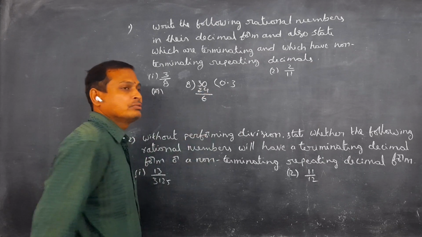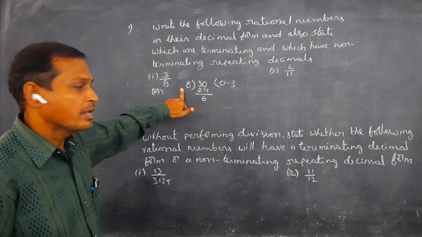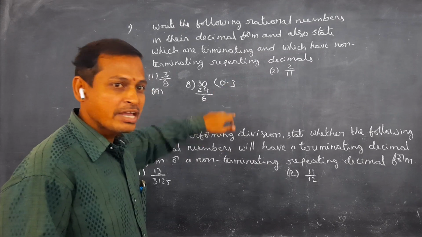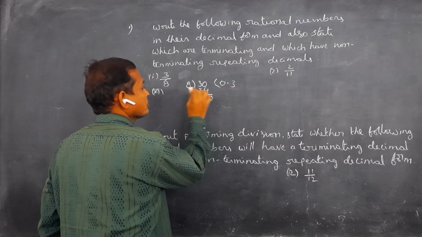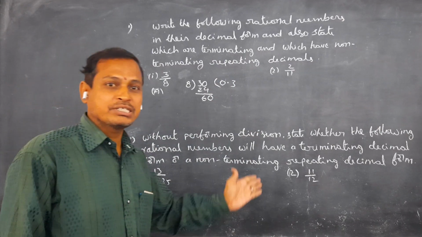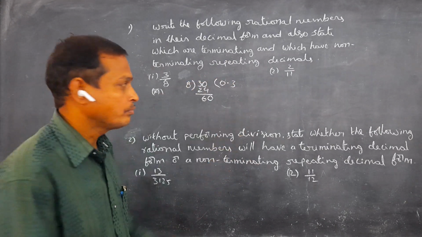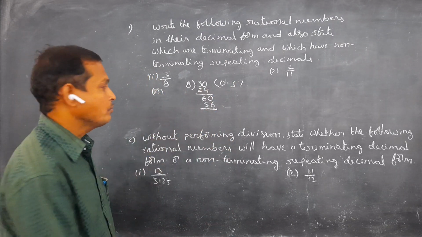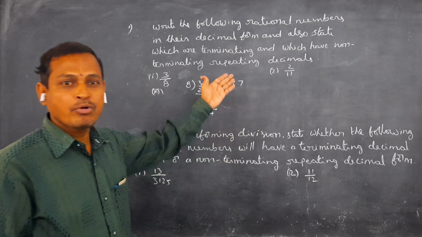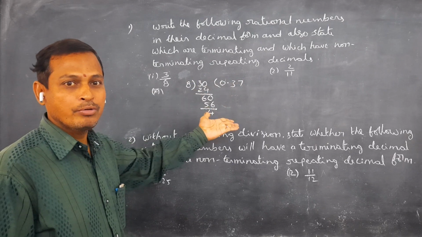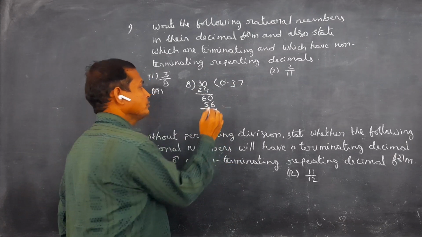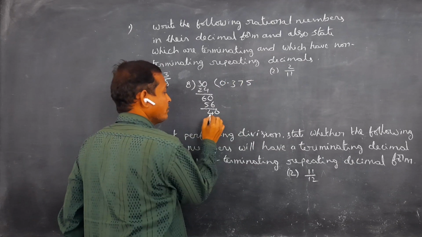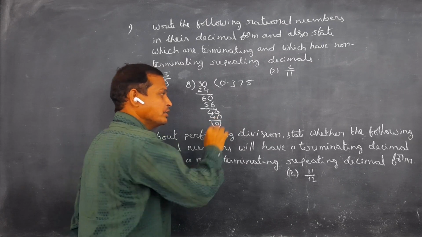What is the required value? 8 fives are 40. So the remainder is 0.